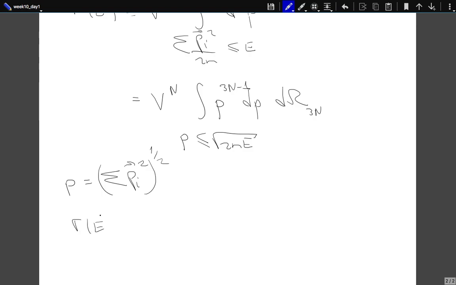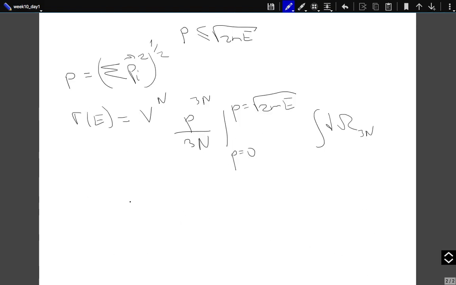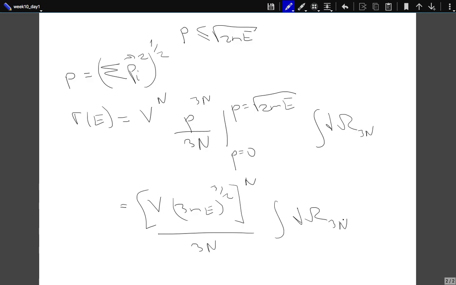So gamma of E is then V to the power n, p to the power 3n over 3n, times the integral from p equals 0 to p equals square root of 2mE, times, of course, the angular integral, which becomes V times (2mE)^(3/2) to the power n divided by 3n, d omega 3n.